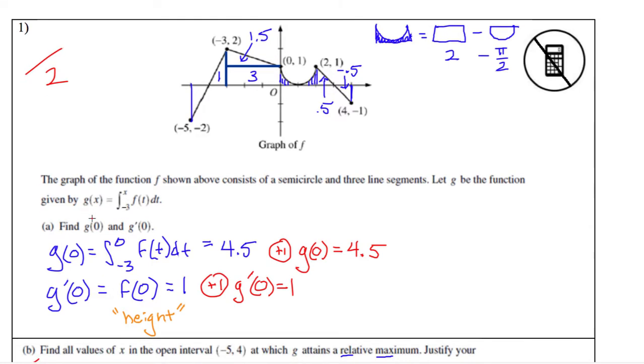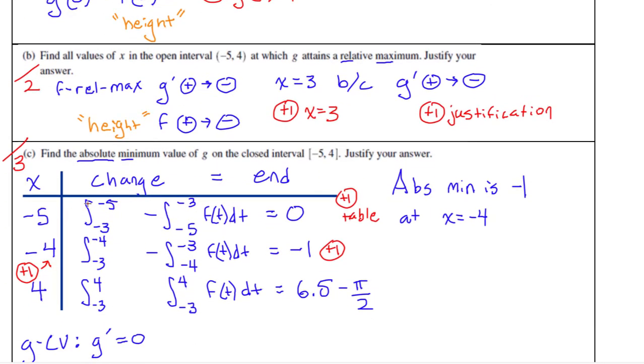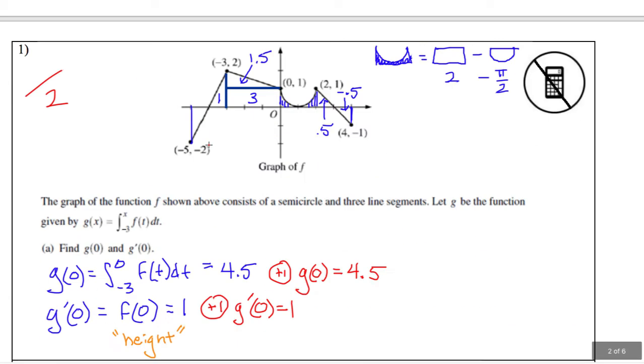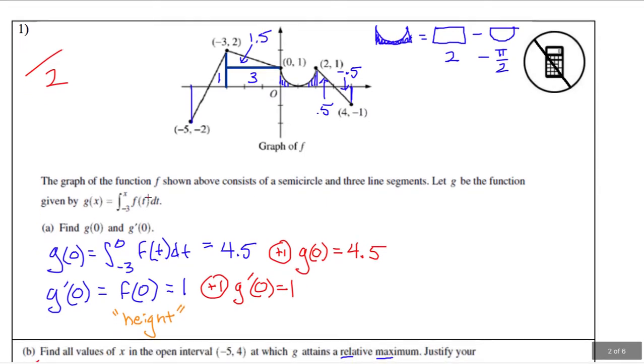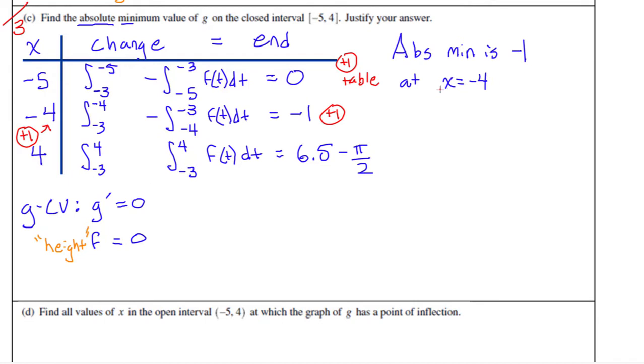If you put t, I don't think you would lose points. Right. Everything here that we're talking about is g. So if we're talking about g, everything has to be in terms of g, and then g is in terms of x, even though f is in terms of t. So it should be x. I don't think you would lose points. That would be my guess.